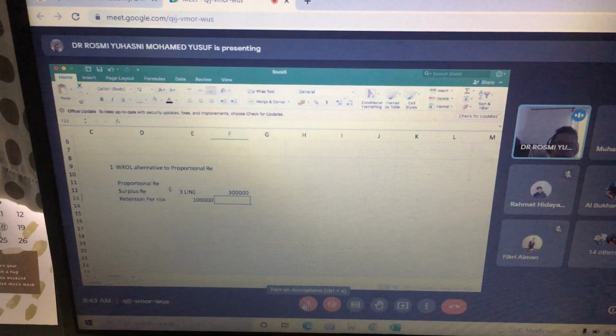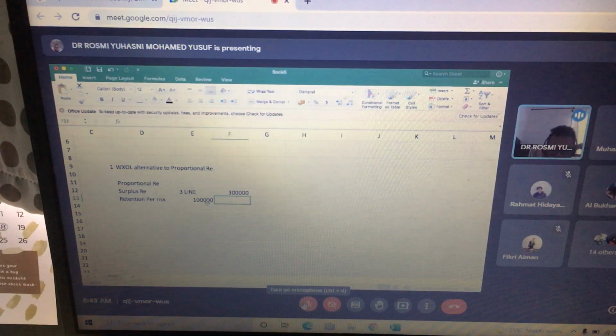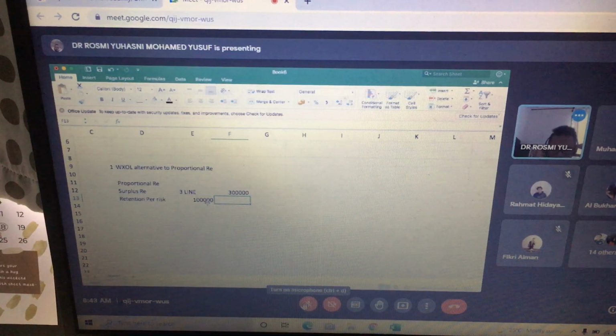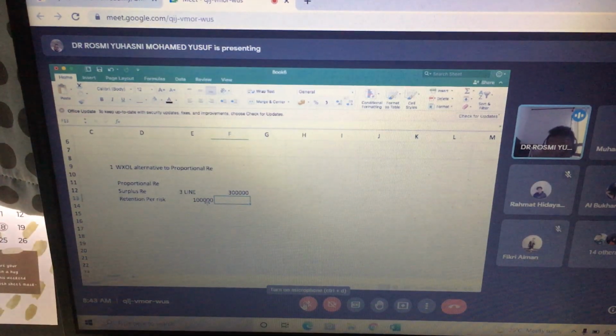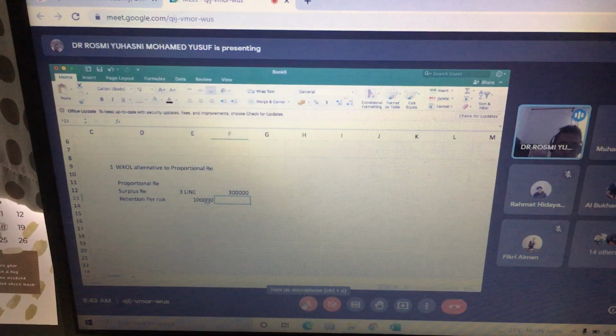So let's say surplus has a capacity of 300,000 and the insurer has decided to retain up to 100,000 per risk for each and every risk. Kita tahu sekarang ni dia nak retain 100,000 and dia nak ada reinsurance up to 300,000.